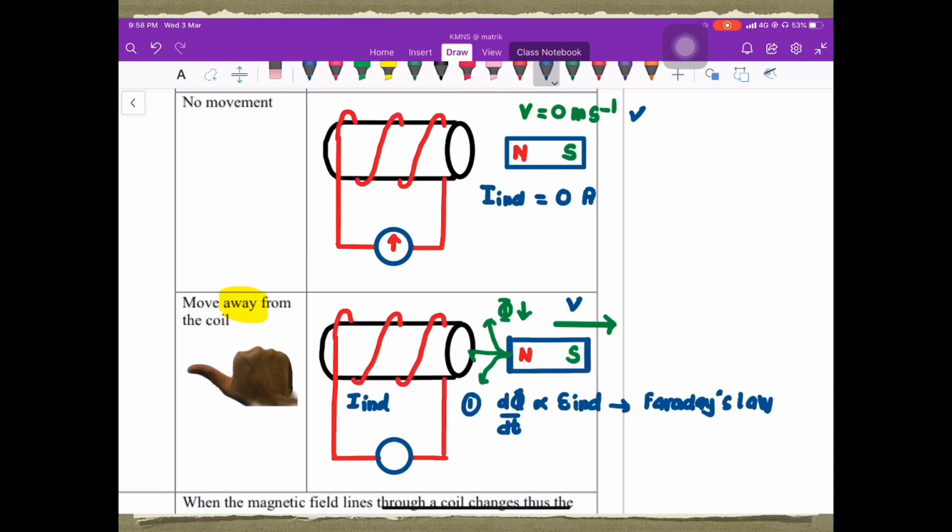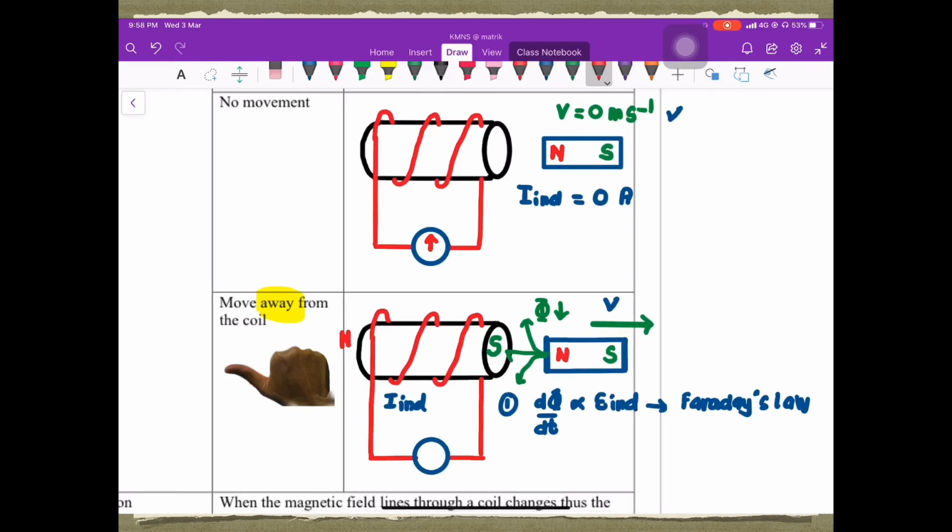So this side must be a south pole and this side must be north.